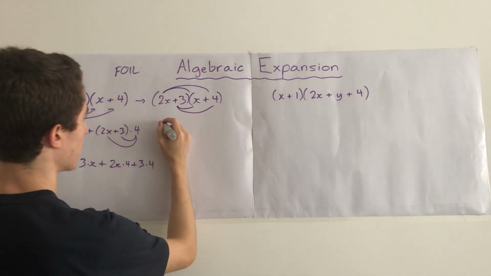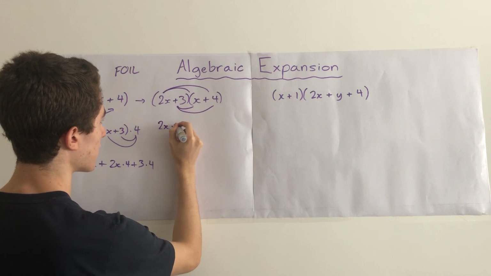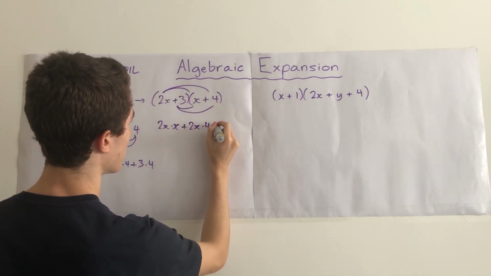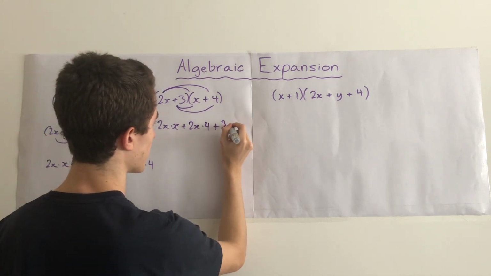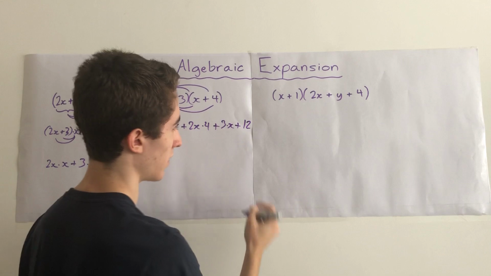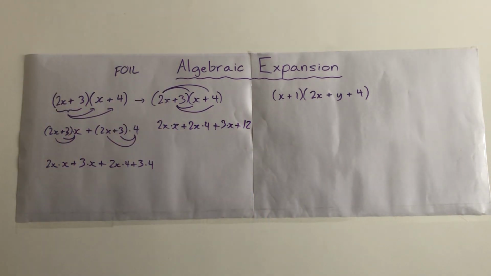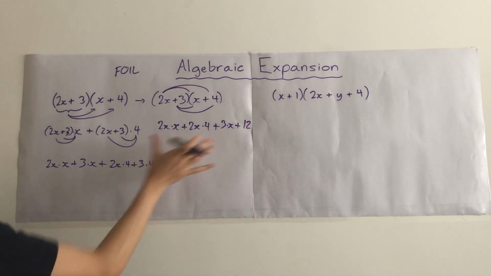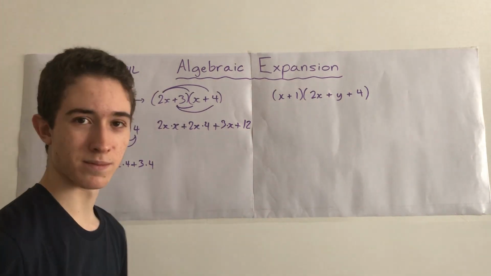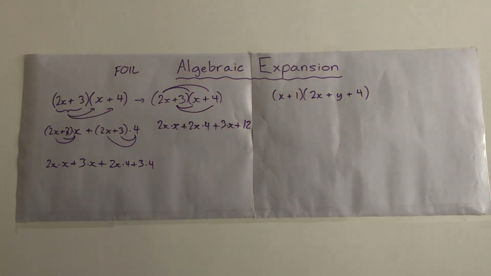So in the end you would get 2x times x plus 2x times 4 plus 3 times x plus 3 times 4, which I'm just going to write as 12 because we're running out of space. And as you can see, this is exactly what we got here, just with some quicker steps.